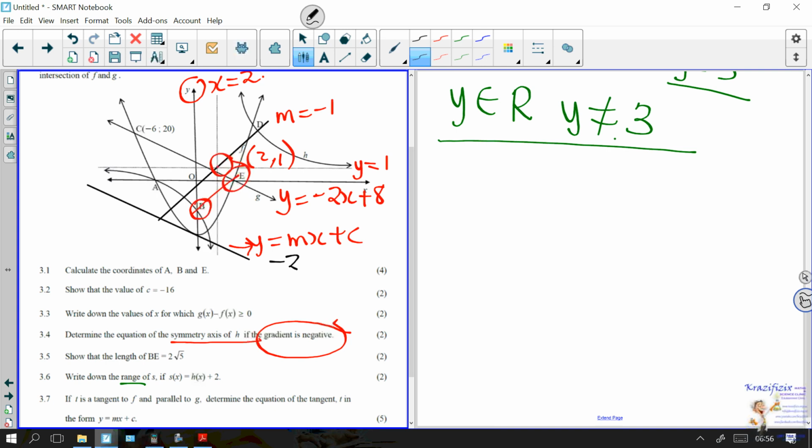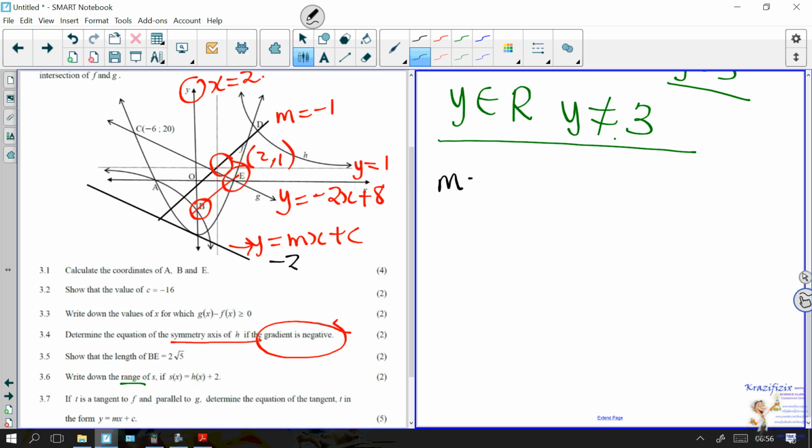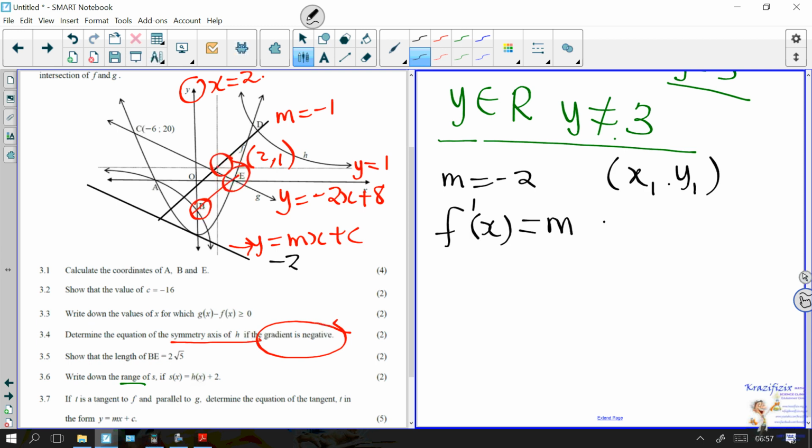For me to get the equation of a line, I need my gradient, m equals negative 2 already. Now I need a point x1 and y1. Where do I get that from? We must understand that the first derivative is equal to the gradient of a tangent.